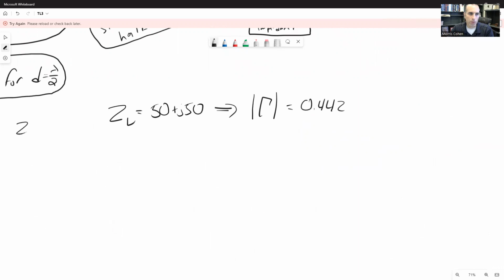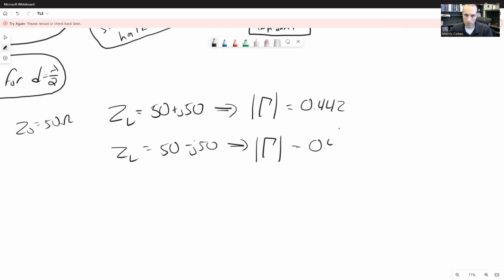Since Z0 equals 50 ohms. In the other case, where ZL equals 50 minus j50, that gave us an absolute value of the reflection coefficient of 0.447. That's a 7 right there.